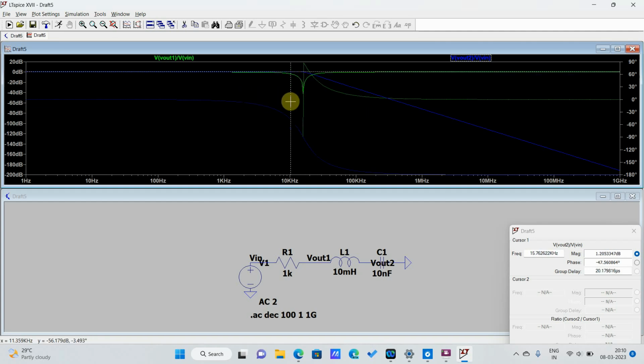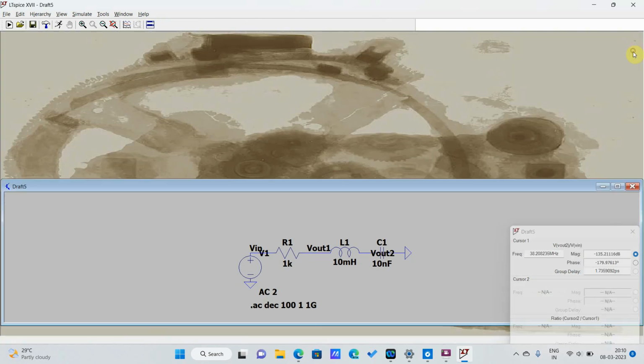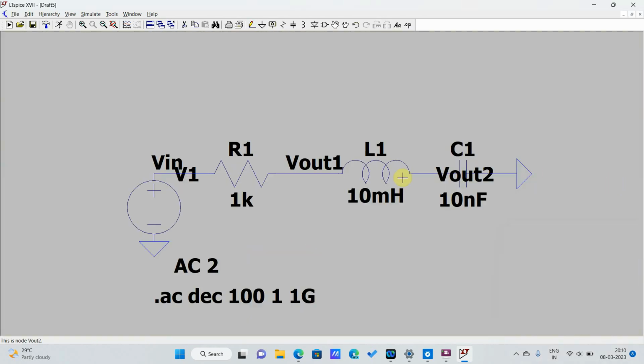The gain remains almost constant there. When you're at 10 kilohertz, it remains almost constant. After that, it starts decreasing drastically. Okay, so this is the case of a series RLC. Now let's do it for parallel RLC.